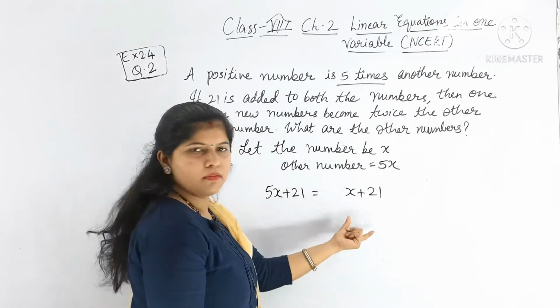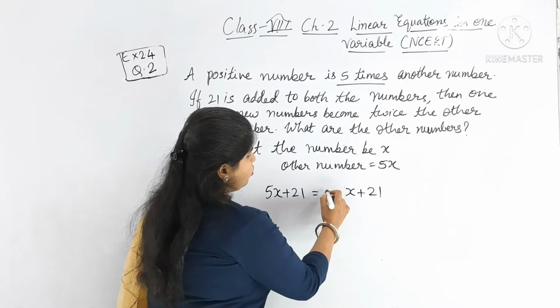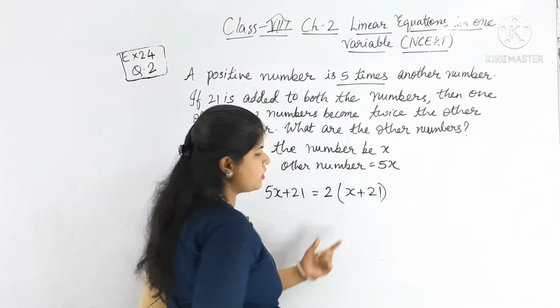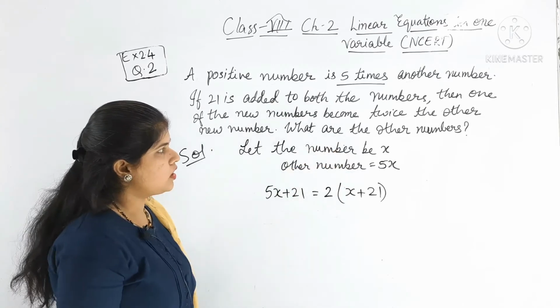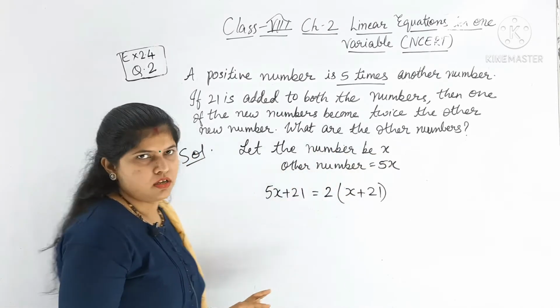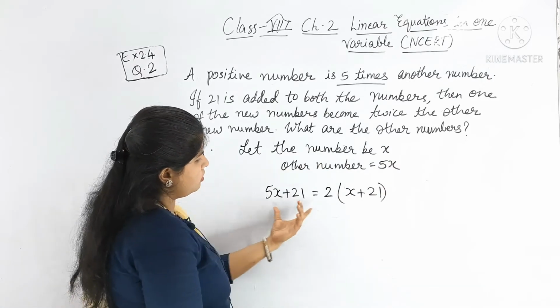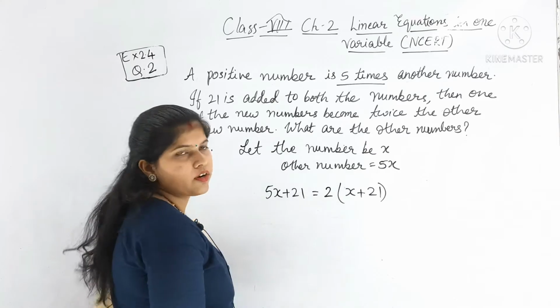So this is the new number and it is twice the other number. Twice means you have to multiply with 2. So this is the equation. What are the other numbers? We have to calculate x and 5x. So we have to solve this equation.